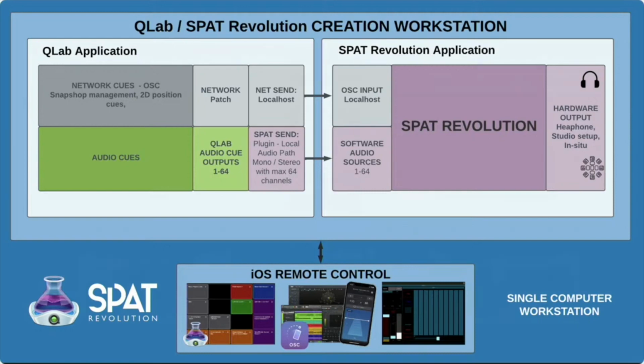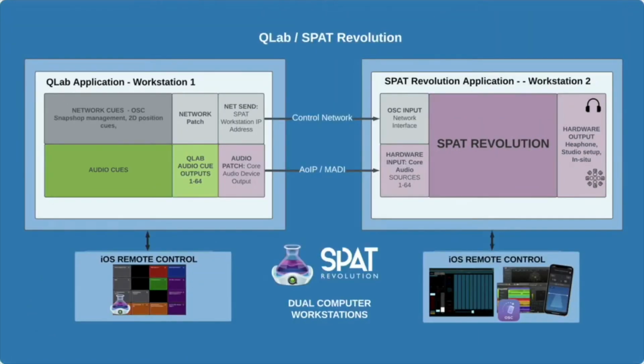Now, if we actually move to a dual computer setup, and we'll talk about this, we'll wrap up at the end, moving from a single to a dual machine. Basically, the difference is both applications are running on their own computer, and we are, in this case, using the network with IP addresses to send messages to SPAT. So in this case, no more local audio, an IP address destination from QLab to our SPAT Revolution for control, and then audio over IP, or MADI, being our audio routing method.